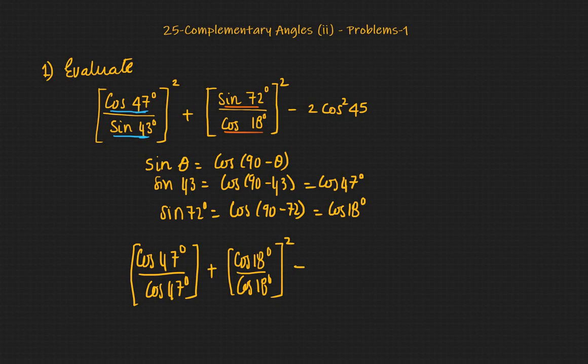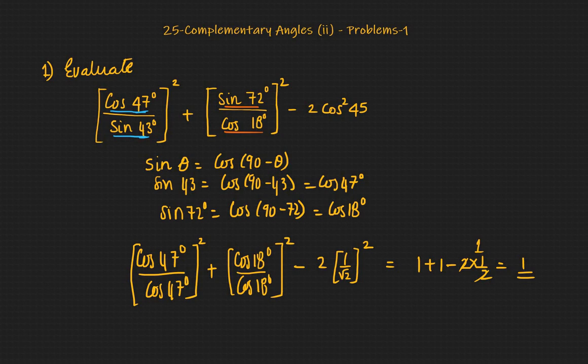Minus, it doesn't really matter even if it is not a square because it's 1. So 2 into cos 45, which is 1 by root 2, the whole square. So that is 1 plus 1 minus 2 into half. That will be 1, because 1 plus 1 minus 1 is 1. So that's the way to approach this problem.